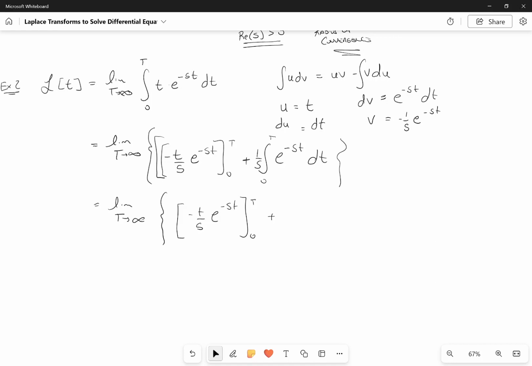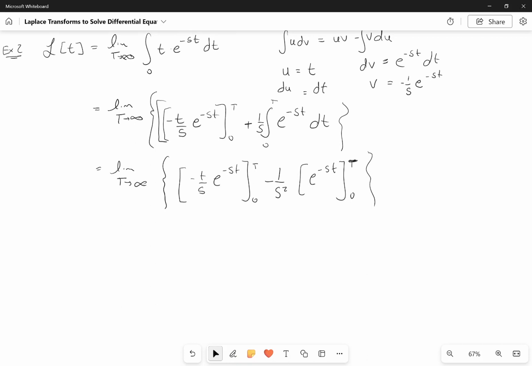The integral of e to the at is 1 over a e to the at. So the integral of e to the negative st is going to become a minus negative 1 over s squared, and now I have e to the negative st between 0 and t as t goes off to infinity. Because both of these are part of the integral, I can evaluate them separately if I want. But let's take a look here.